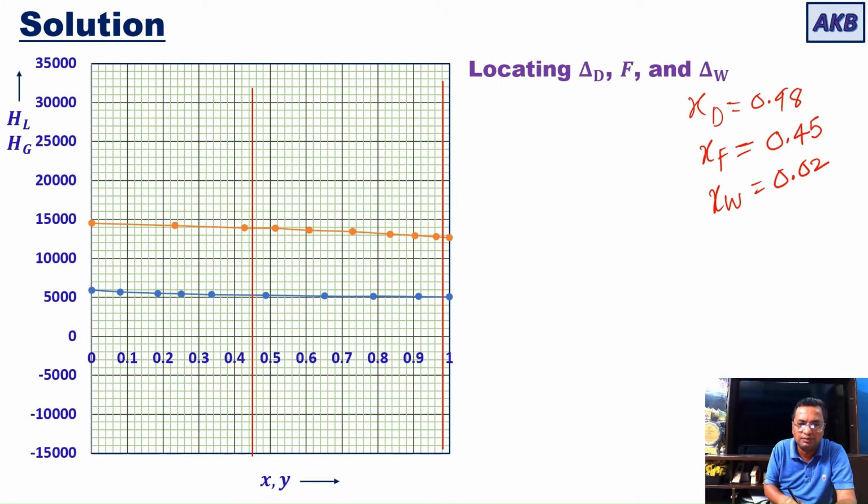Because one small division on the x-axis is 0.02, XW will be located over here, and the vertical line will be drawn through that XW. So in the task of locating delta D, F and delta W, first we have drawn vertical lines through XD, XF and XW. Now, you must have understood it, so I'm going to erase that.